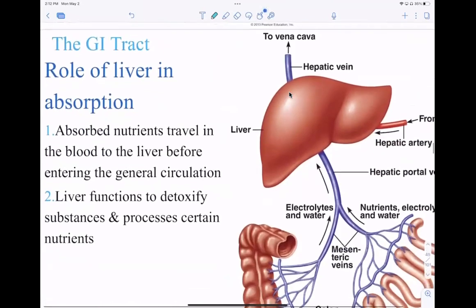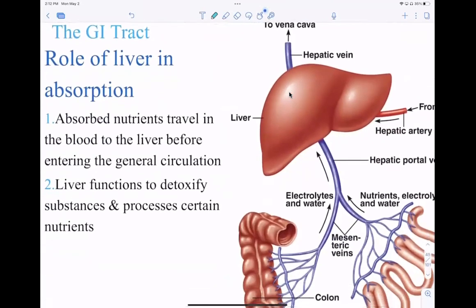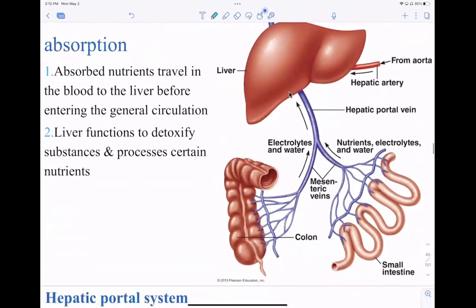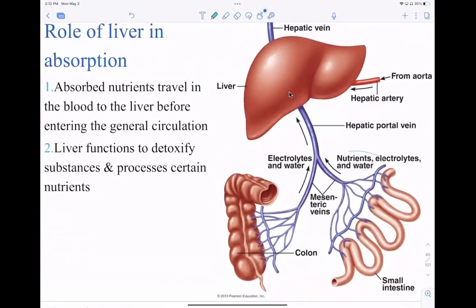And it's important to understand the liver has well over 200 functions. And so it's getting nutrient-rich blood from the mesenteric veins. It's absorbing all the nutrients and vitamins, minerals, things you want and don't want from the intestines. And it's sending that nutrient-rich blood through the liver via the hepatic portal vein.